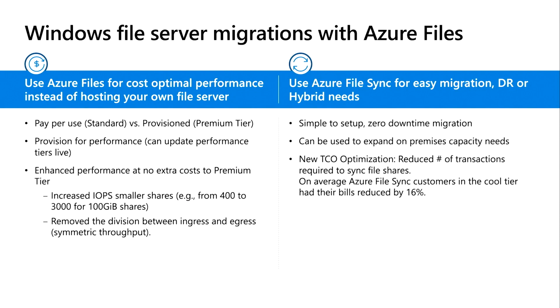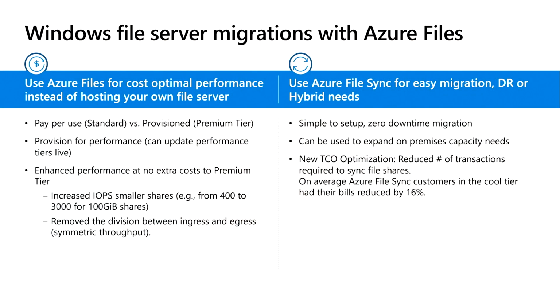It is super simple to configure, and it provides zero downtime migration capabilities. What is new in this space is that with improved TCO optimizations, we reduce the number of transactions Azure File Sync has to make to stay in sync with the cloud storage, thus reducing TCO by up to 16%.